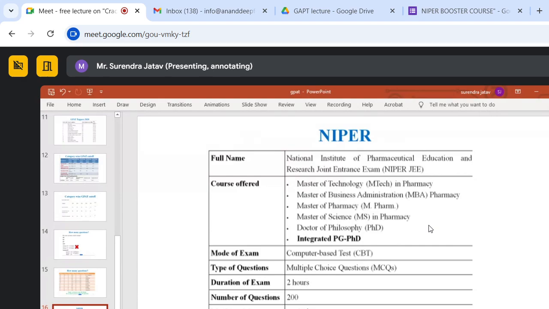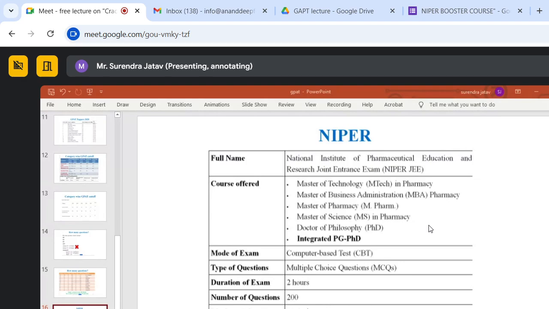Those who qualify GPAT are able to fill the NIPER form. Without qualifying GPAT, they cannot fill even the NIPER form. So please be serious: if you are preparing for the GPAT exam, you have to qualify GPAT first, then you can qualify NIPER.